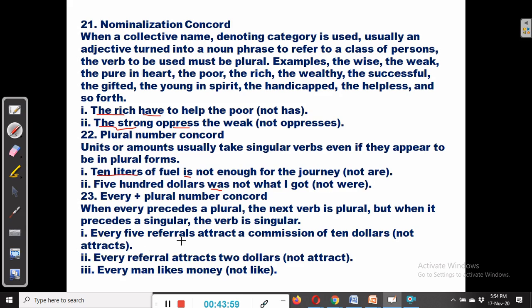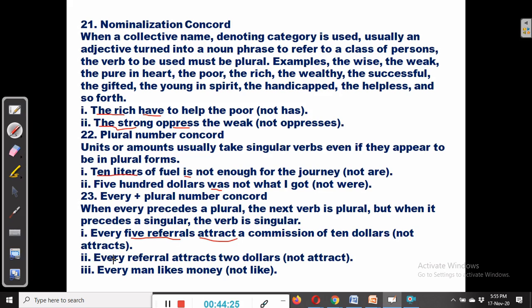Every 5 referrals attract a commission of $10. Now, because every follows 5 referrals, which is plural, then the verb is plural as well. Every 5 referrals attract a commission of $10.